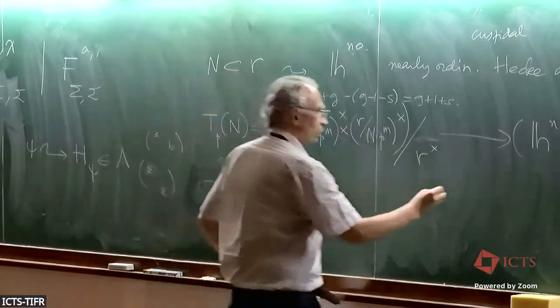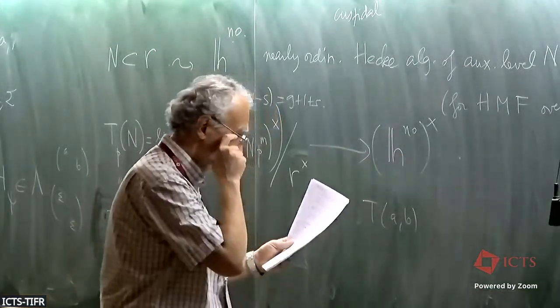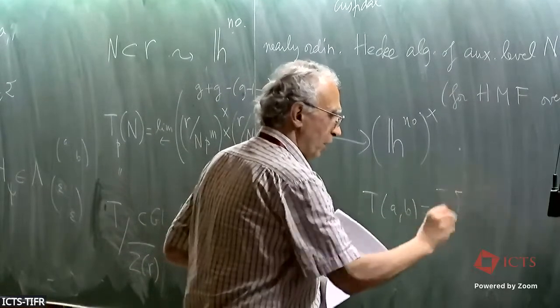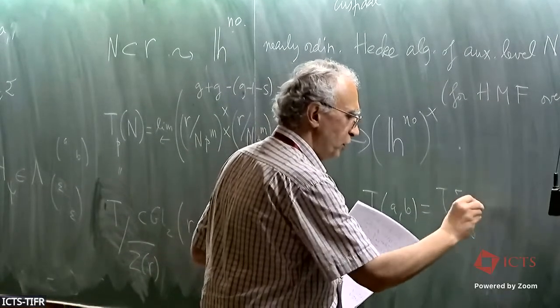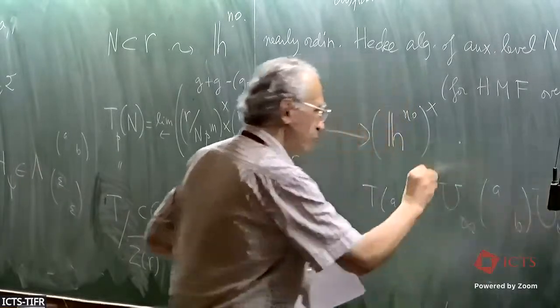So the action is denoted maybe by T of AB, and this T of AB is the double class of U infinity, AB, U infinity. And what is U infinity?